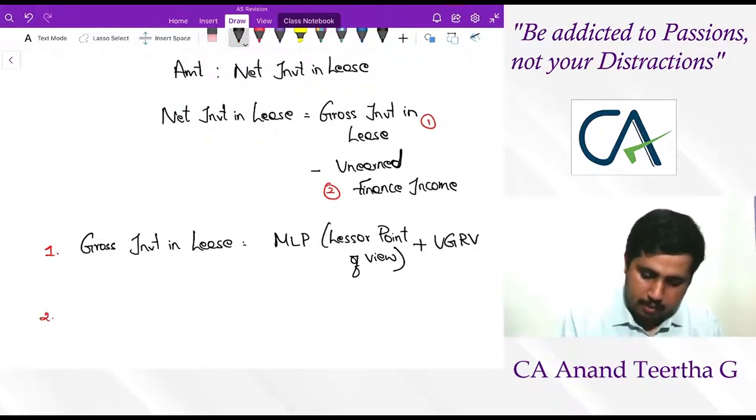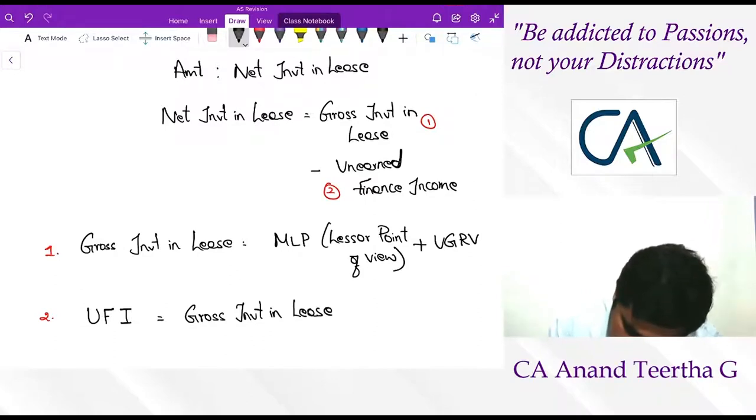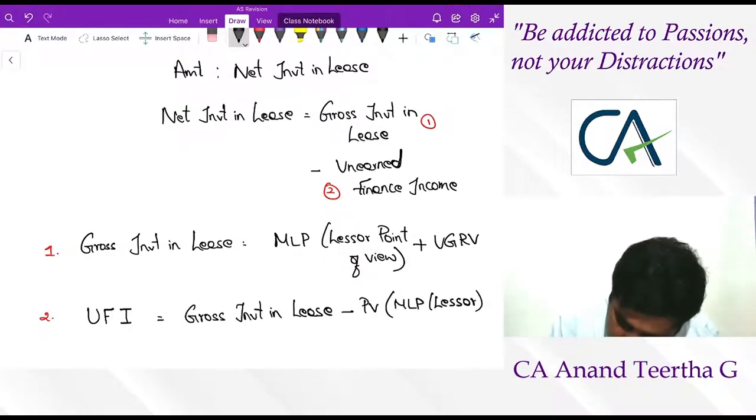Second one, it is about unearned finance income. So unearned finance income, I will write it as UFI, is equal to gross investment in lease minus present value of minimum lease payment lesser plus UGRV.